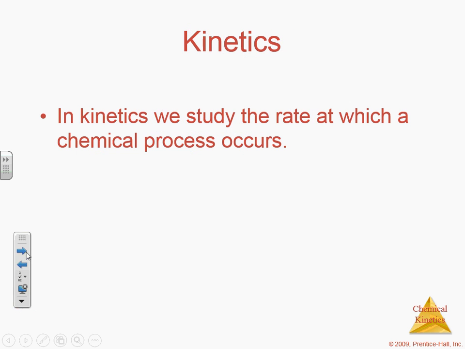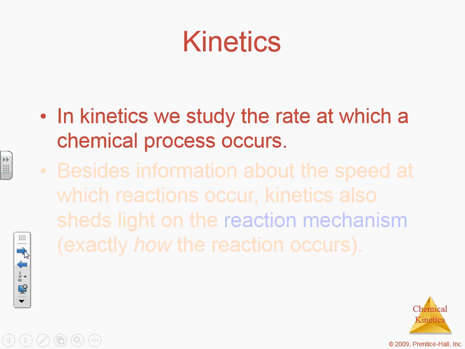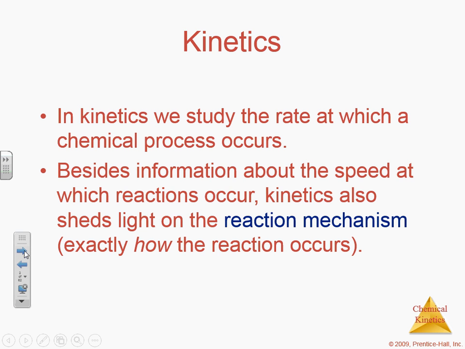What is kinetics? Kinetics is the rate at which a chemical process occurs. So what we're going to be studying here is the speed at which a reaction occurs and the concentrations during those reactions.